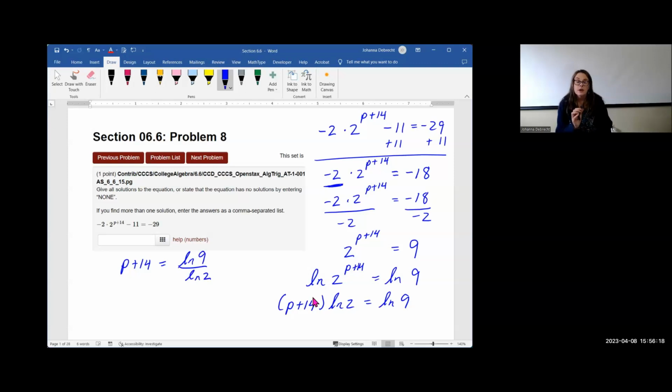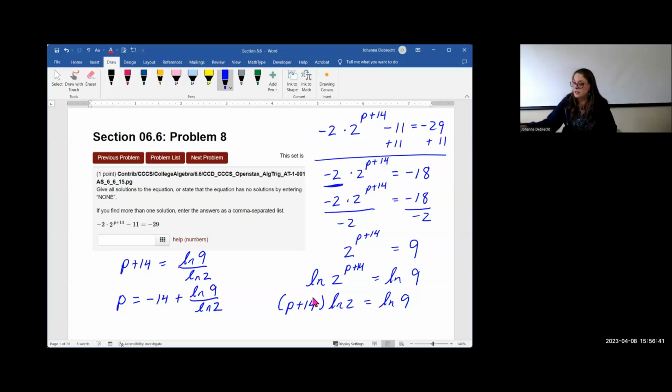Now remember, I cannot cancel the natural log. This is not one natural log. This is a natural log divided by a natural log. And then the last thing I want to do is subtract 14. So I get p equals -14 plus the natural log of 9 over the natural log of 2.